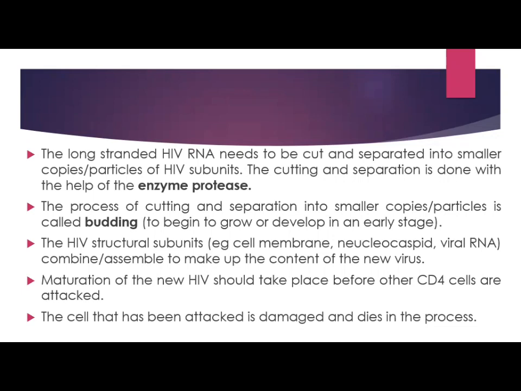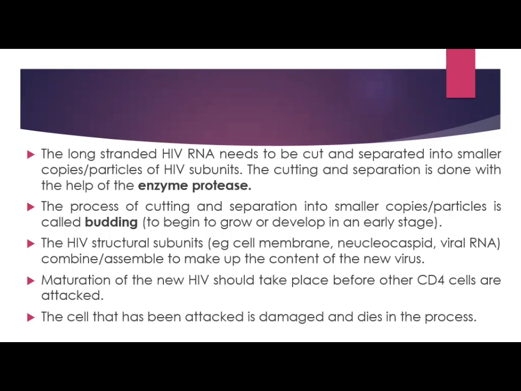Once this new virus is formed in the cell, it has to mature fast before the CD4 cells are attached. Because once the CD4 cells are attached, it can cause damage to the cell and will cause the virus to be damaged and the cell to be damaged as well. So the cell that has been attacked is damaged and dies in the process.